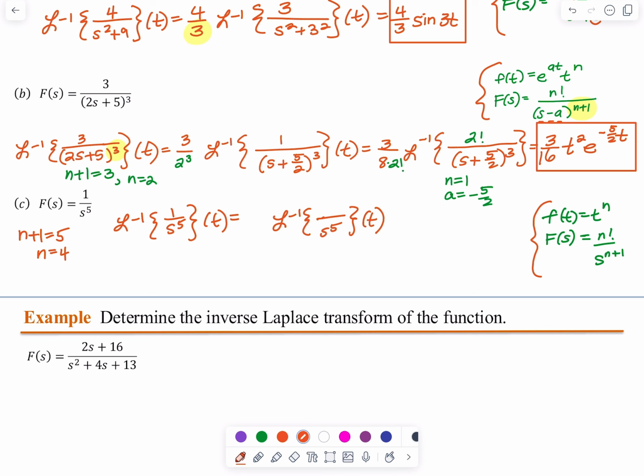Now we do need n factorial here, so n factorial is equal to 24, so we can put 24 here, or 4 factorial, and 1 divided by 4 factorial, and we come up with 1/24 multiplied by t to the 4th power.